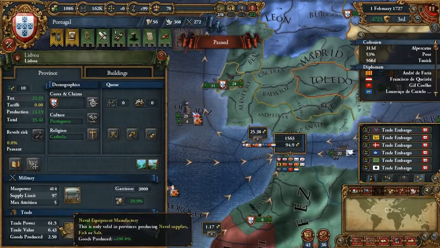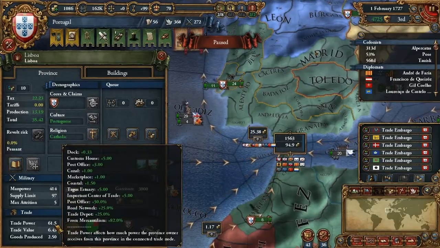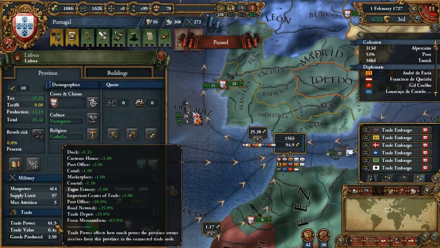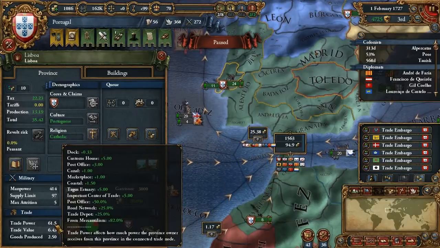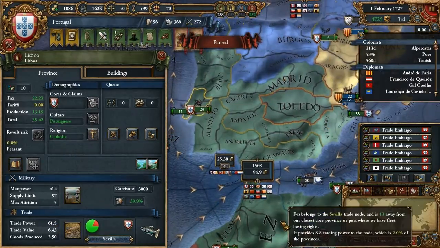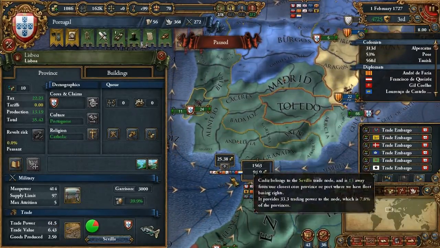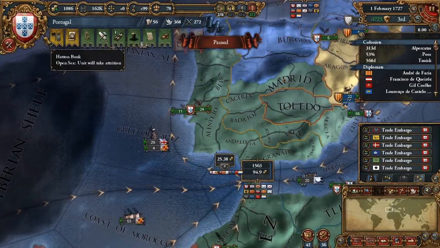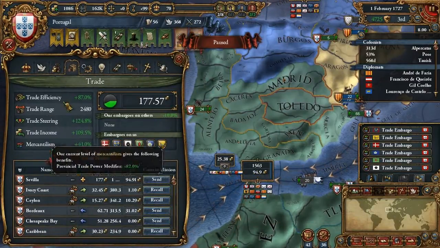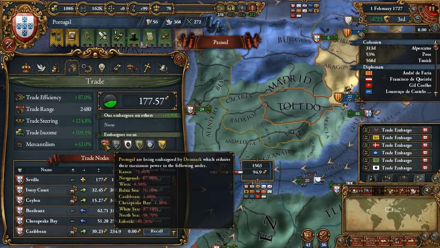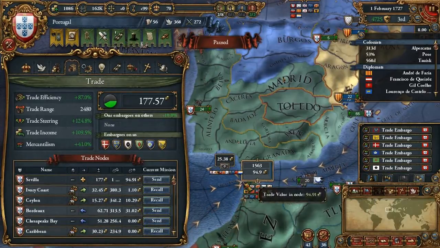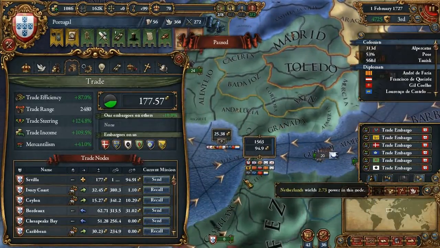This is what allows crazy numbers in capitals like this, of having 61 trade power in a single province, which is more than all the standard provinces put together. And that basically is how all your trade is calculated and how it affects all your trade.